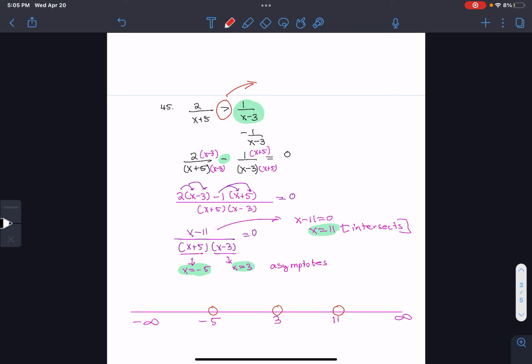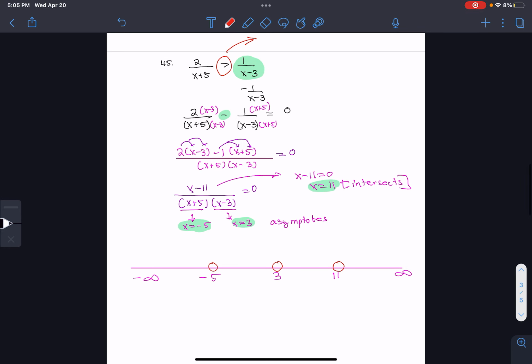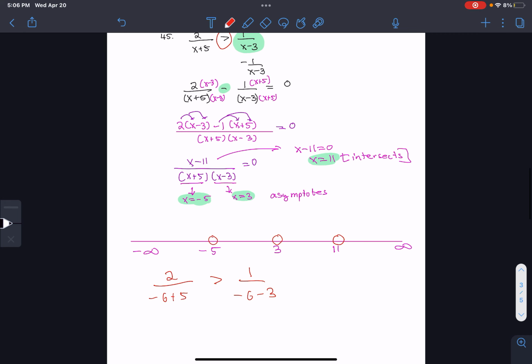And then from here, we do the same thing. You pick a number between -infinity and -5, and you substitute it at the beginning. So here, I'm going to pick -6. We want to see if the function to the left is greater than the one to the right.